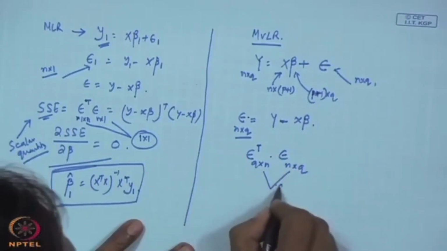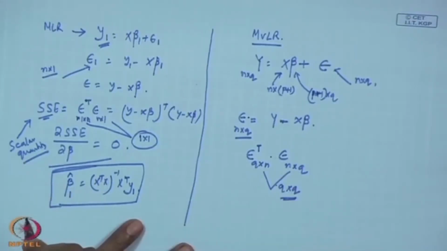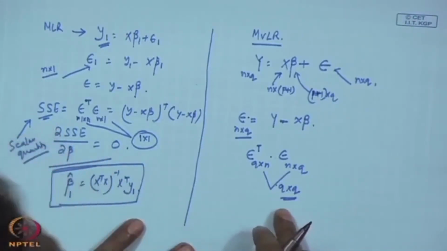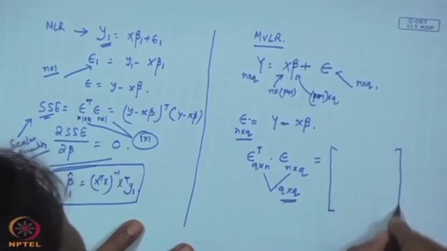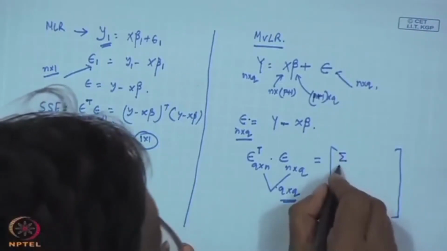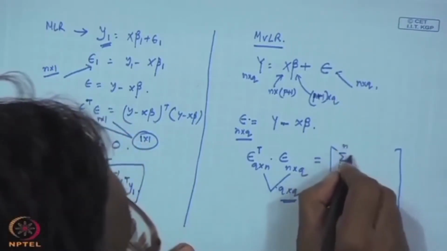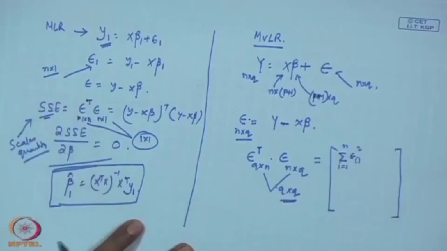So, what is happening here? You are getting a q cross q matrix. So, I cannot say it is a scalar quantity, it is a matrix, and as a result this will give you a structure like this, and these elements will be sum of i equal to 1 to n epsilon i1 square.